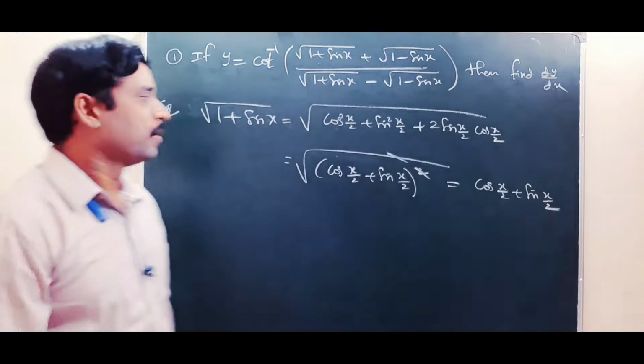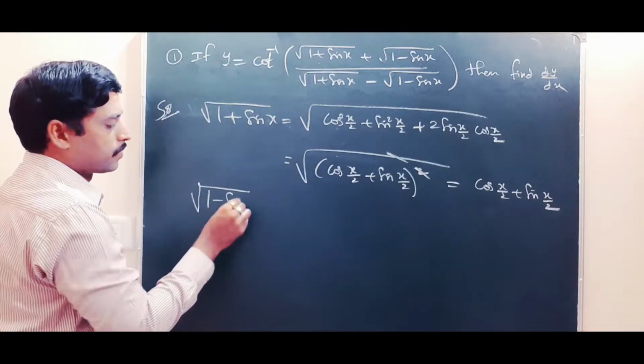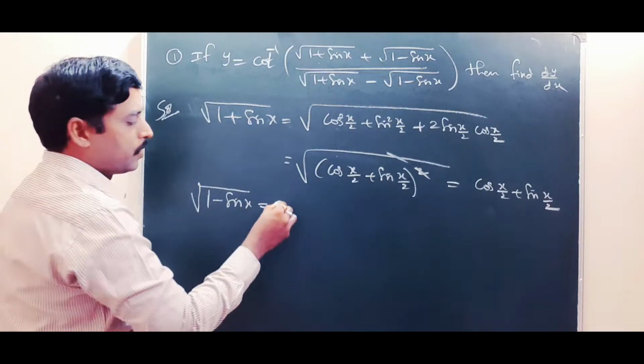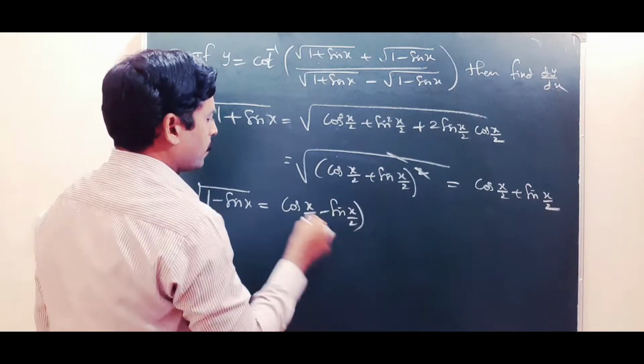Okay. So similarly, we find root under 1 minus sin x. It will be cos x by 2 minus sin x by 2. So what is given?